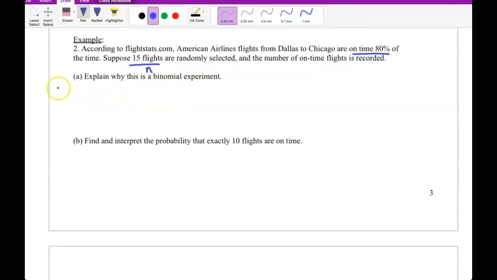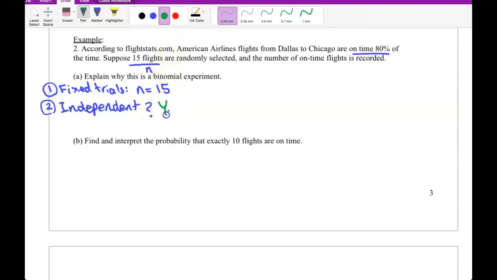Okay, so again, first step, we have a fixed number of trials, and that is equal to 15. Here we have 15 flights. And these flights are independent of each other, so we have independent. So the answer for that part is yes.